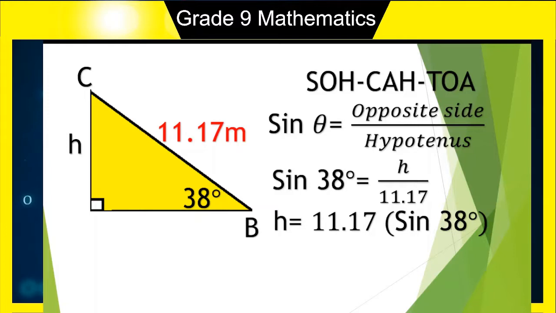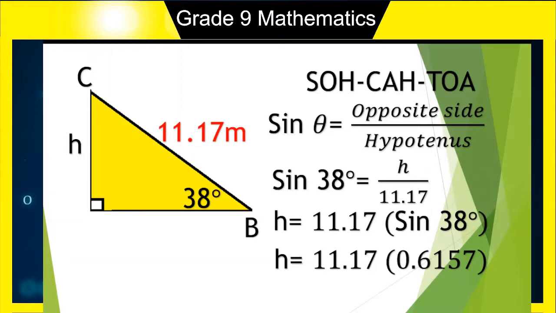Before that, press on your calculator sine 38, which gives us 0.6157. Then multiply 11.17 and 0.6157, which gives us 6.88 meters. So the height of the flag pole is 6.88 meters.